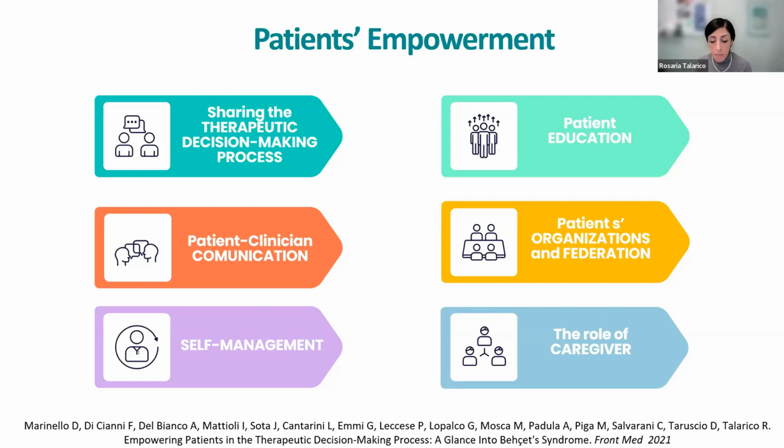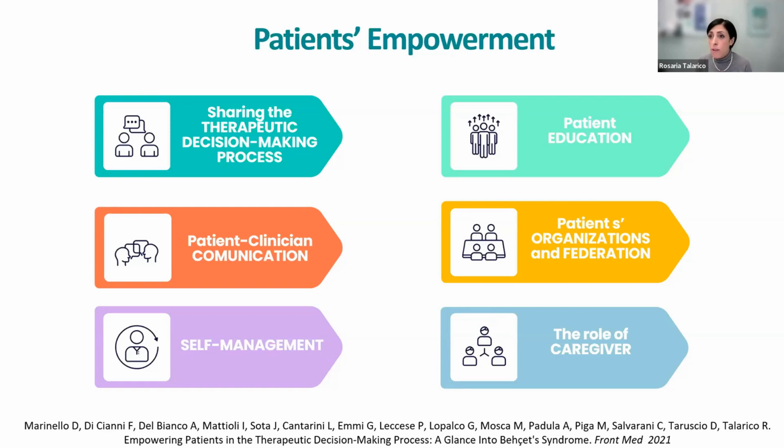Self-management does not mean that a patient can stop the therapy for different reasons, but it means that patients can stop the therapy when there is a specific indication. For example, when taking immunosuppressive therapy and infections or surgery occur, it is mandatory for the clinician to explain these aspects and to educate. But education is another key word in patients' empowerment.